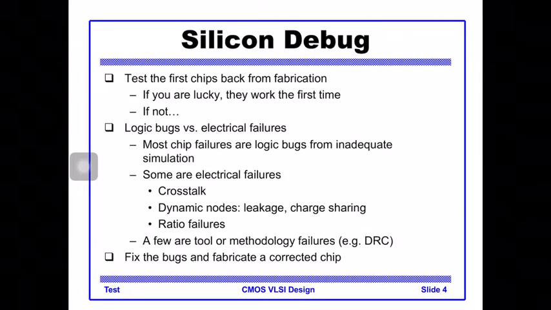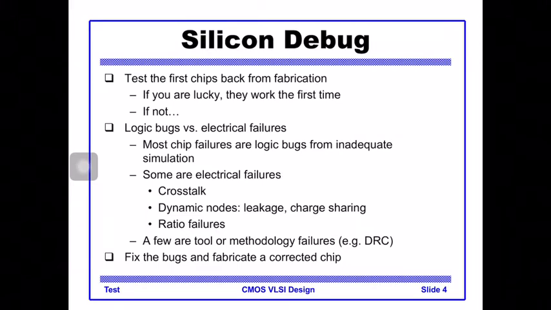There are two types of debugging, or causes of failures. One is logic bugs, and the other is electrical failures. Logic bugs are because the chip was not simulated properly, and there was some problem in the design.